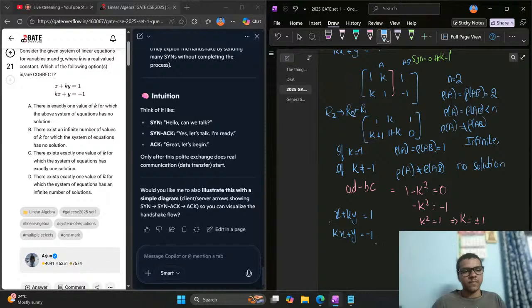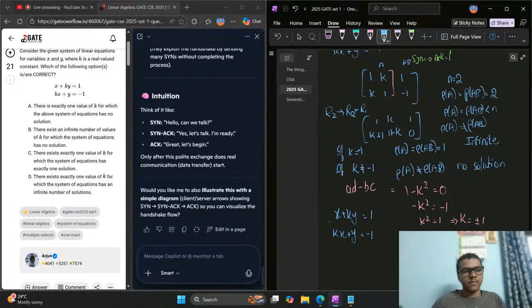For k equal to 1, it will give x plus y is equal to 1 and x plus y is equal to minus 1. Nope, that doesn't work out.